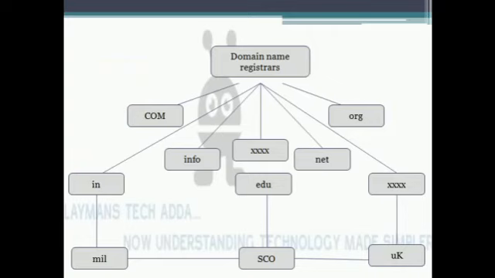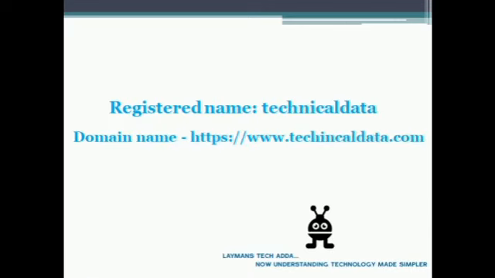Example, if the URL of the website goes like https://www.technicaldata.com. In that, technical data is the name registered for the website, and technicaldata.com becomes the full domain name of that website. Now, you might be wondering why we need to register our website name.